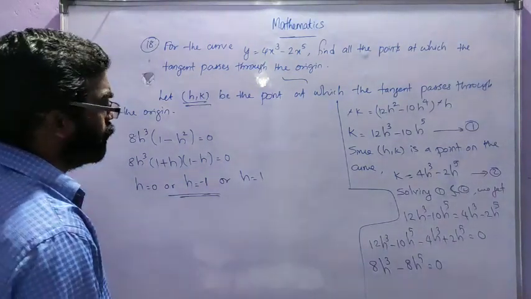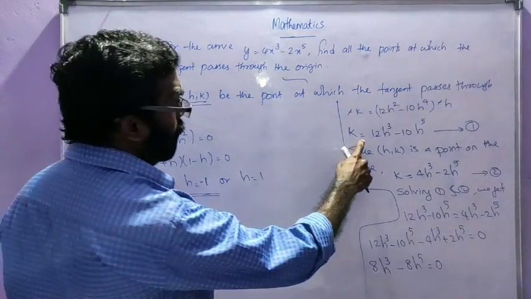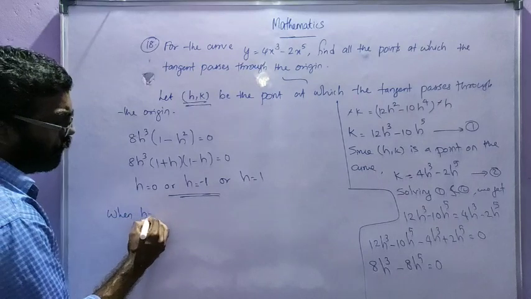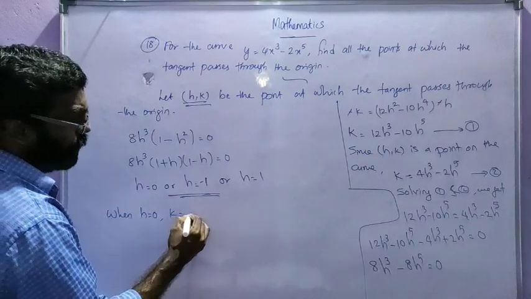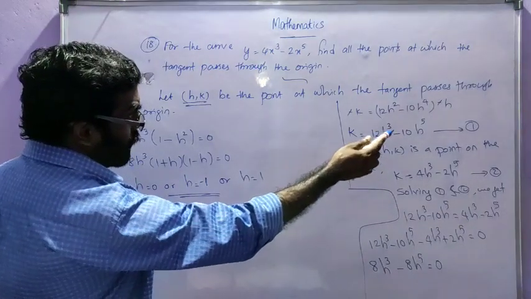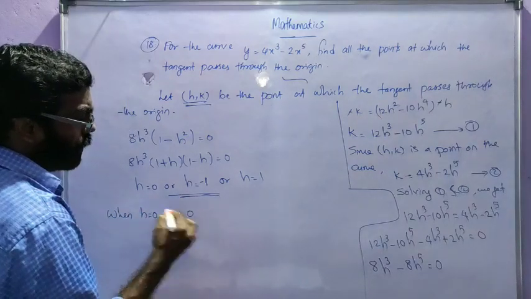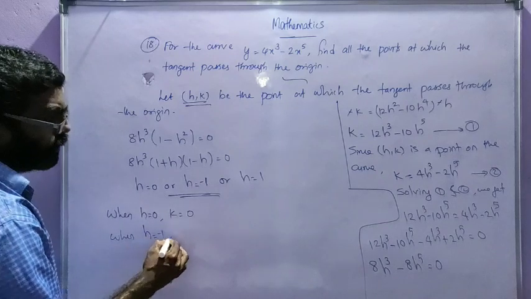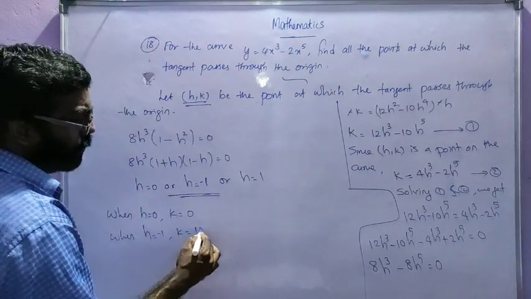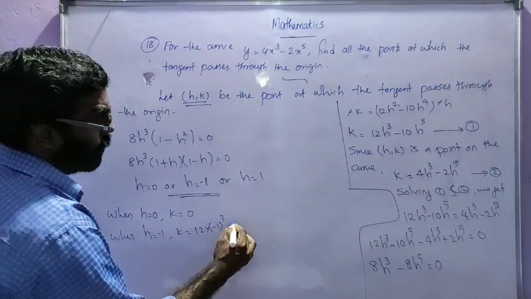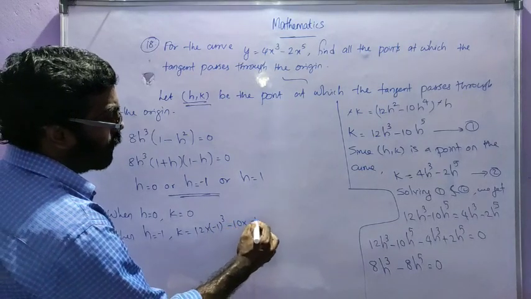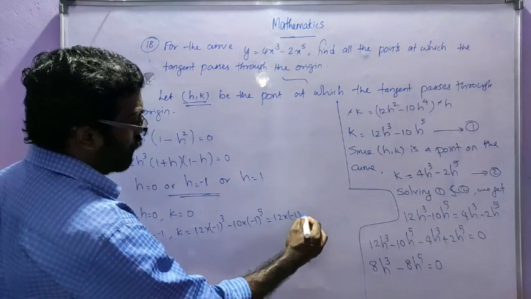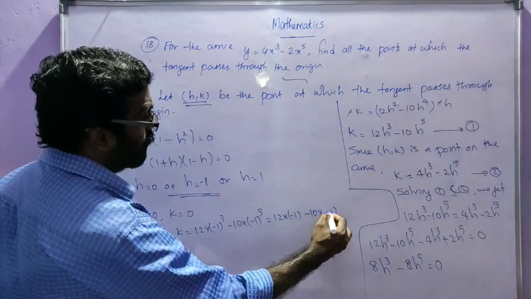Now we can find the corresponding values of k. We can substitute the values in equation number 1. When h = 0, k = 12 into 0^3 - 10 into 0^5, that is 0. And when h = -1, k = 12 into (-1)^3 - 10 into (-1)^5, which is 12 into -1 minus 10 into -1.